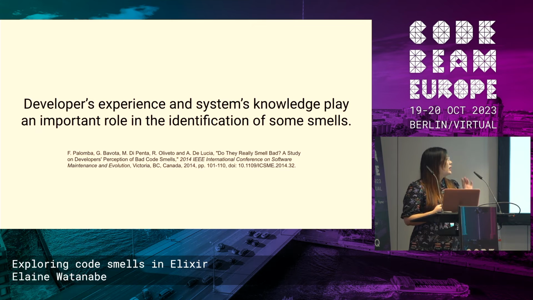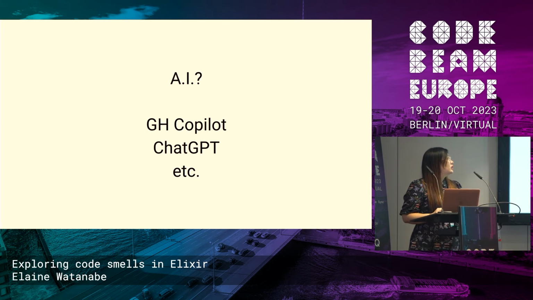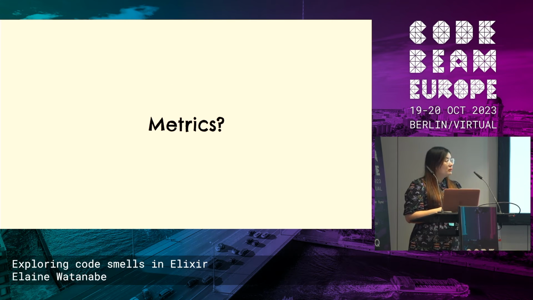And there is interesting research about that: even a person specialized in software engineering wasn't able to identify a couple of smells in a specific system, compared to a senior engineer on that team. So maybe AI may help us. ChatGPT, systems that can help track the context and identify solutions.